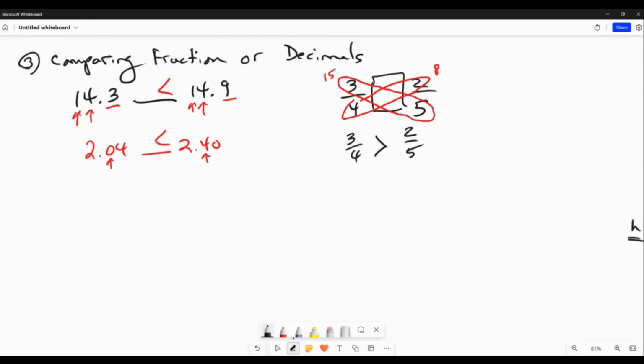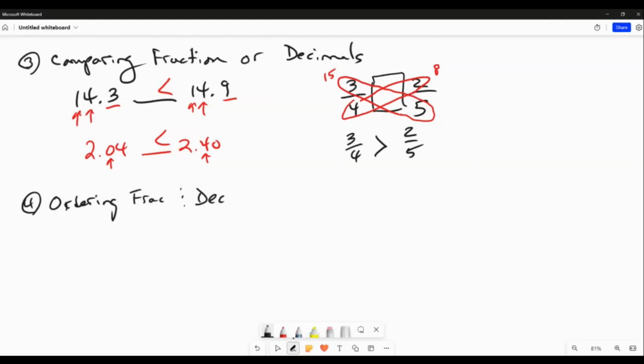Okay, so that was comparing fractions and decimals. Then we did ordering fractions and decimals, putting a list of them in order, sort of like what we were doing when we find the median of a set of numbers.